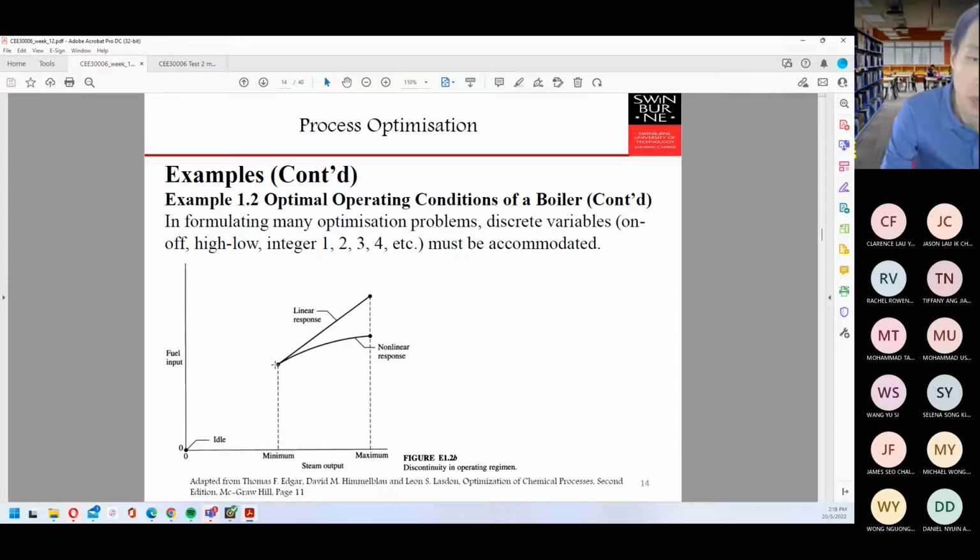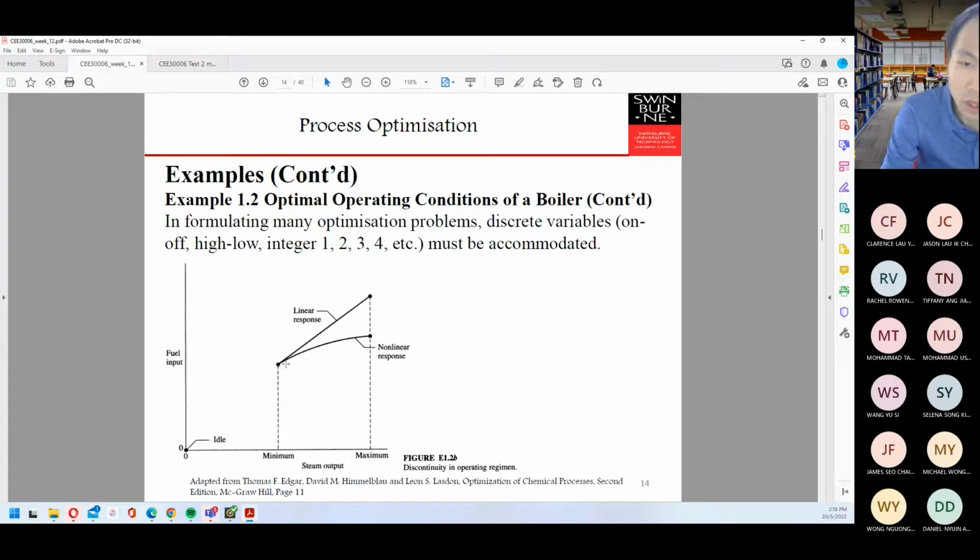Depending on how we operate the boiler, we may have a linear response and a non-linear response. So there will be a transition from the idle conditions to the conditions where the fuel input takes effect at this particular point. That's why we don't have a continuous line that operates from 0 to the point where the boiler starts producing the steam output.